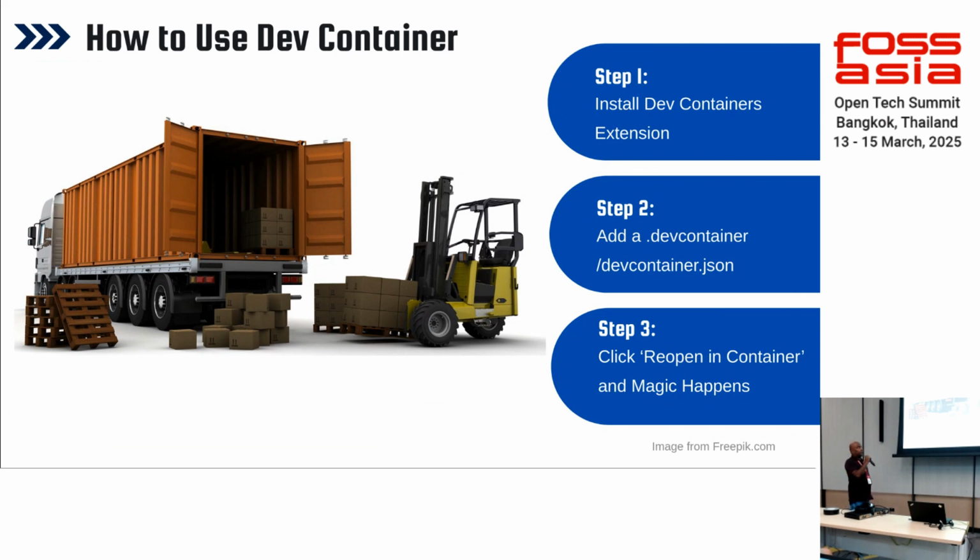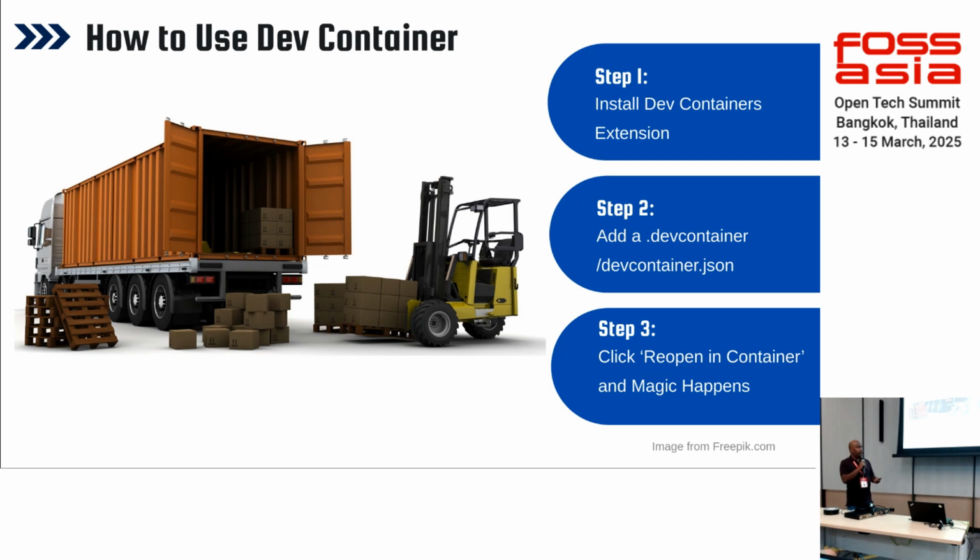How to use a dev container? Step one is you need a dev container extension. In Visual Studio, as an example, you can go to extensions, look for the dev container extension, and install it. Step two is to add a devcontainer.json file, and that is where you will specify what your Dockerfile is.